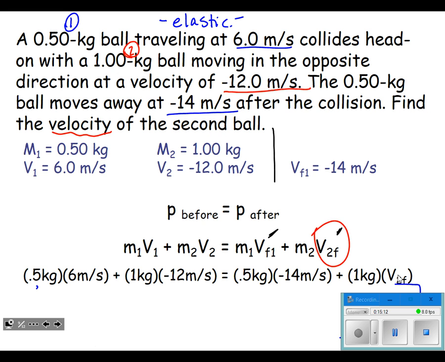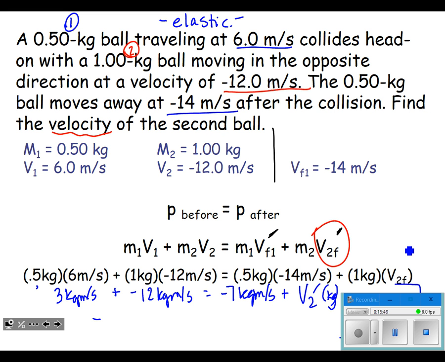So really when you do your math, this becomes, I believe, 3 kilograms meters per second plus a negative 12 kilograms meters per second equals a negative 7 kilograms meters per second plus V2 prime times kg. So then you need to simplify.